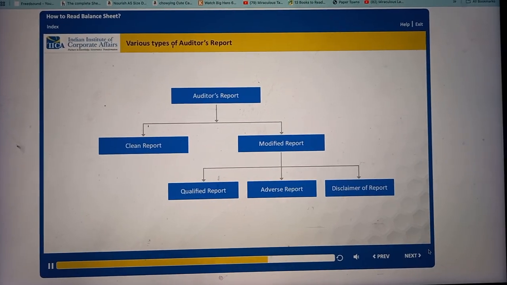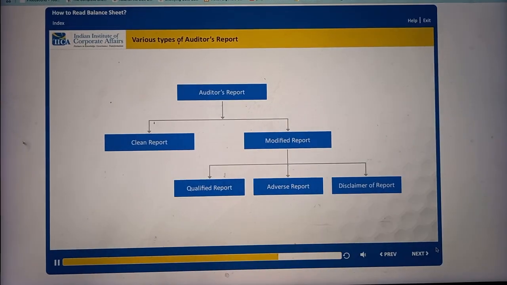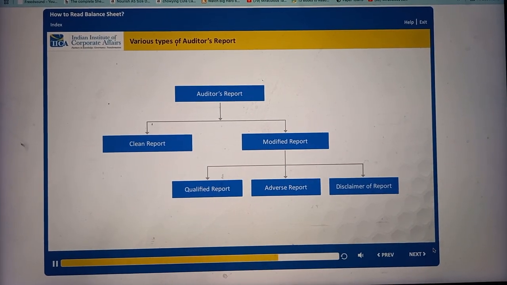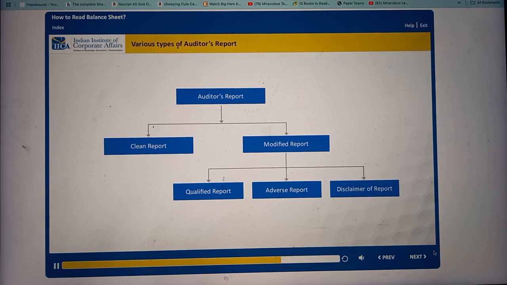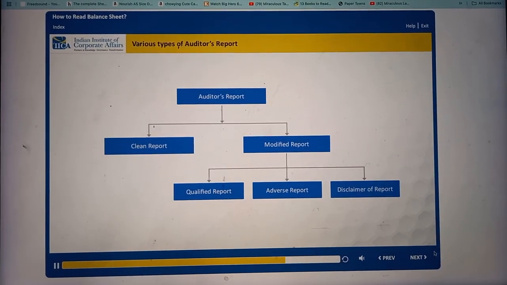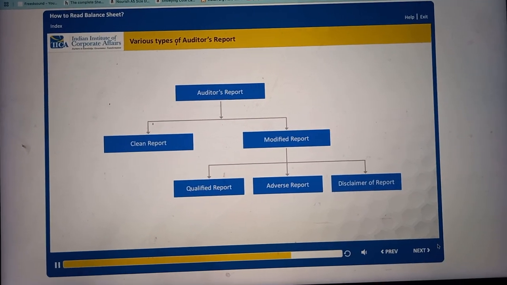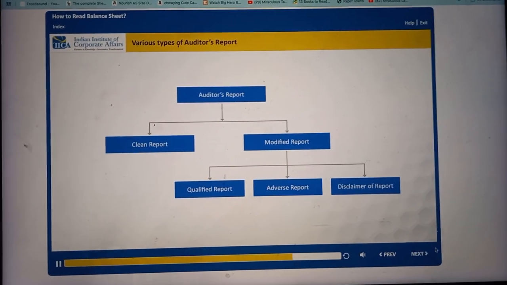He may state in the auditor's report the revenue of the Mumbai branch of rupees this much out of the total revenue of the company of rupees this much, and total expenditure of rupees this much out of the total expenditure of the company, and therefore he may issue a disclaimer of opinion with respect to that particular branch.